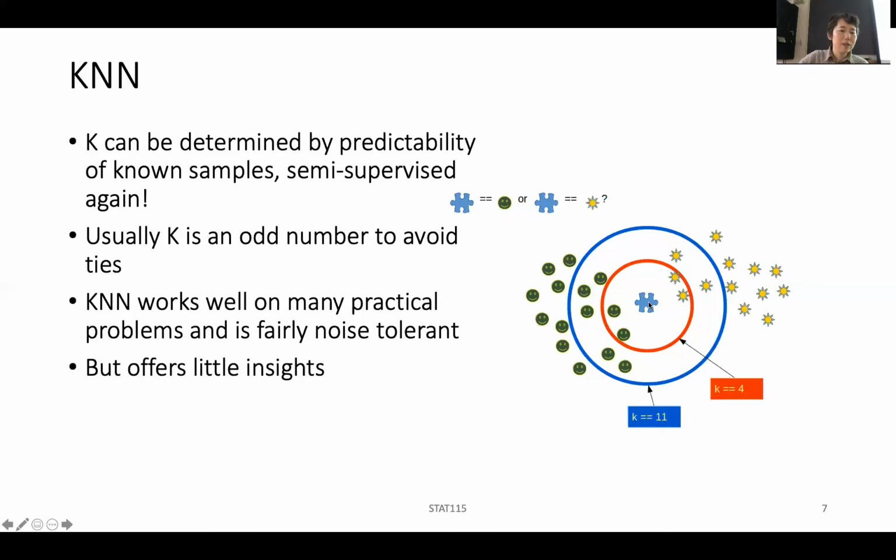So KNN, you can see it's a pretty simple idea. It's kind of a guilt by association. This sample should look similar to be assigned to the same class where their expressions are similar. It works well on many practical problems, and it's fairly noise tolerant, and it's very easy to implement. Unfortunately, it offers very little insight.